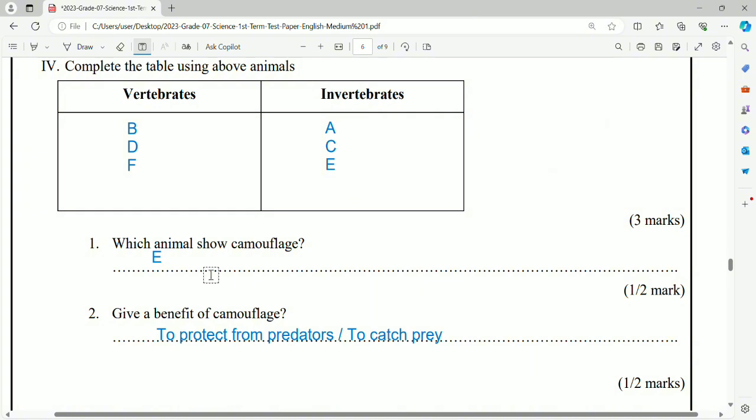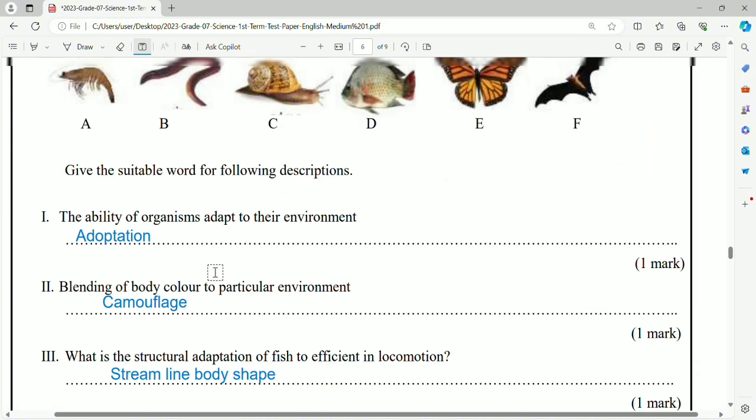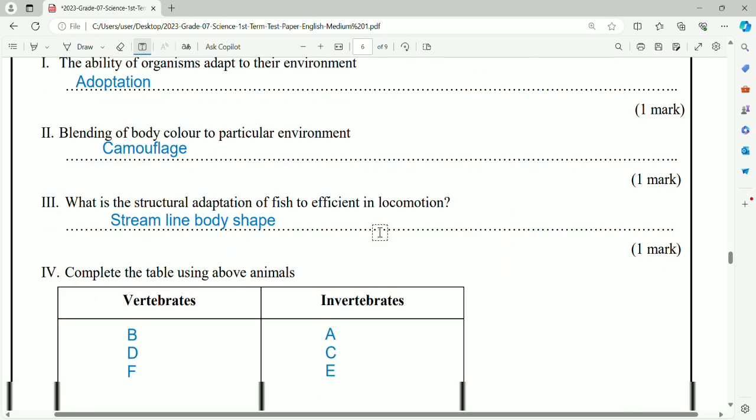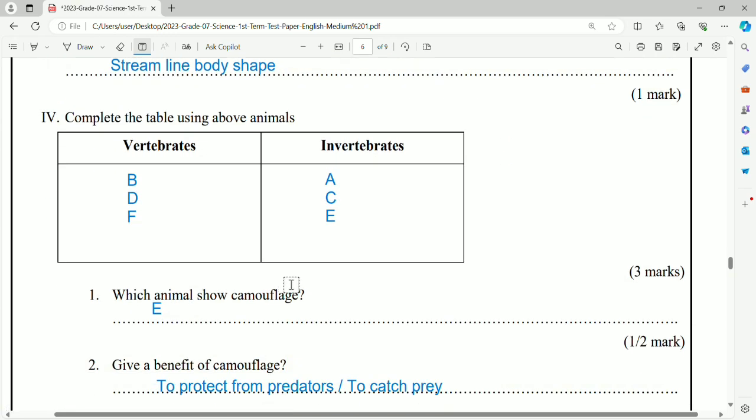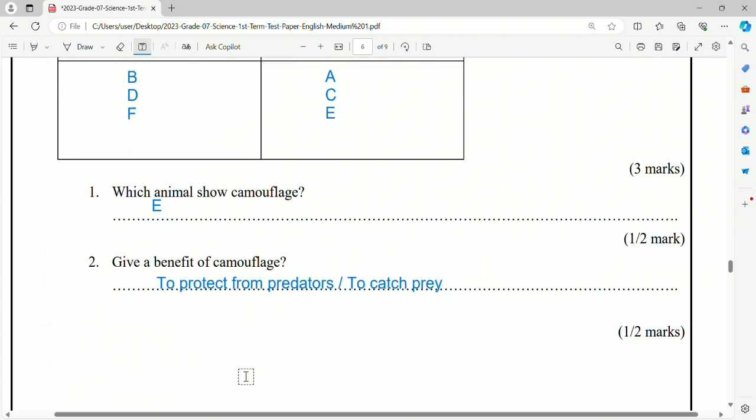Which animal shows camouflage? Camouflage means blending of body color with the environment. E, butterfly. Give the benefits of camouflage. To protect from predators, for example deer: it is difficult to identify the deer from the background.